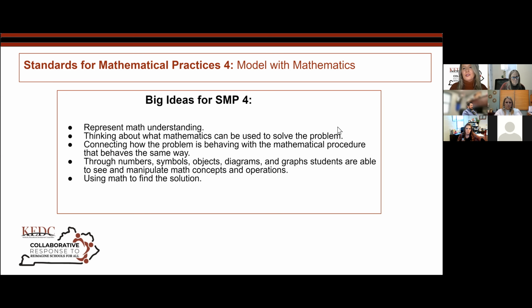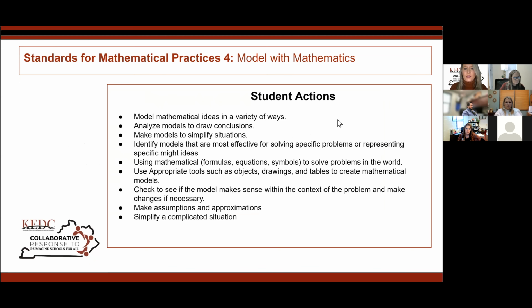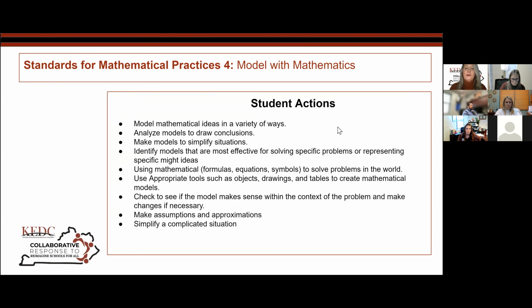So what do we want our students to be doing in a classroom where we're modeling with mathematics? We want them to model the mathematical idea in a variety of ways. We want them to be able to analyze their drawing and talk about it, make models for their situation, use appropriate tools. That's another way that we model with mathematics. Also, modeling with mathematics is using those formulas and equations and symbols to solve real-world problems. And I want to bring it back to that real-world problem.